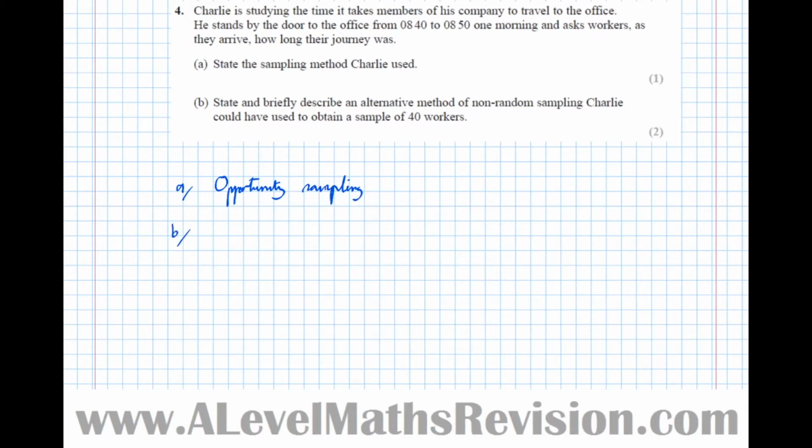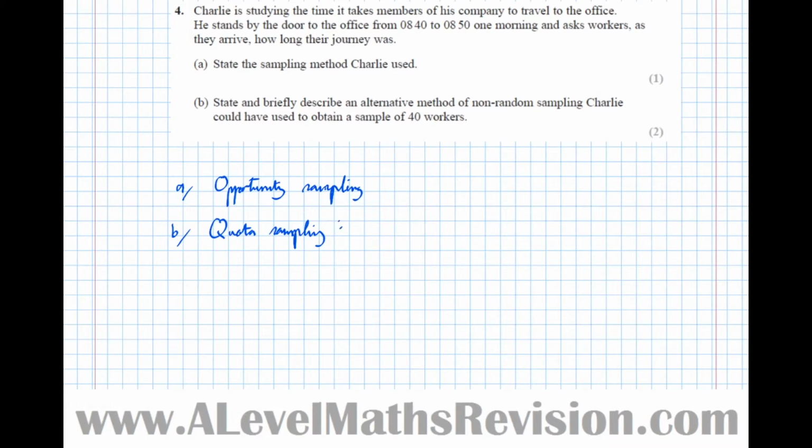Okay, part B. State and briefly describe an alternative method of non-random sampling Charlie could have used to obtain a sample of 40 workers. So the other main non-random method would be quota sampling. And quota sampling is appropriate because we need a quota of 40 people.